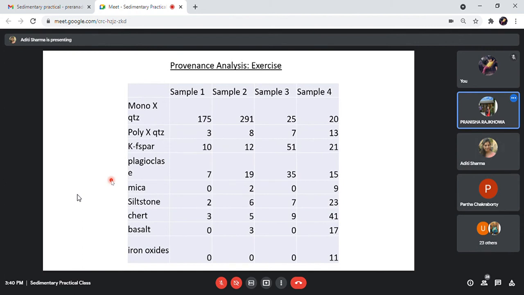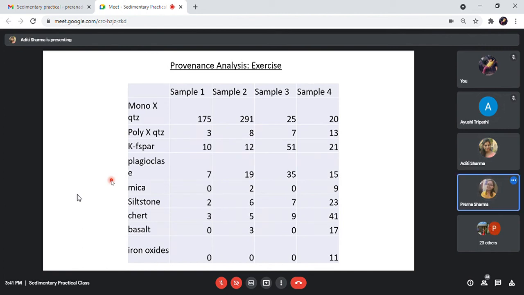And fourth is transitional arc. I'm also getting the same. Okay, you are getting the same.